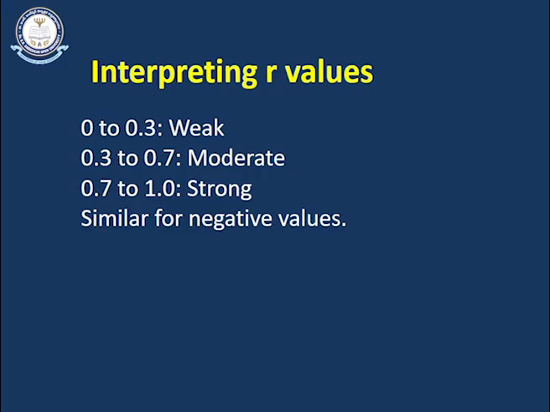And what if you get r between 0.7 and 1? Then the correlation is actually strong. And the same goes if you apply the minus sign before these numbers. That is for negative correlation.